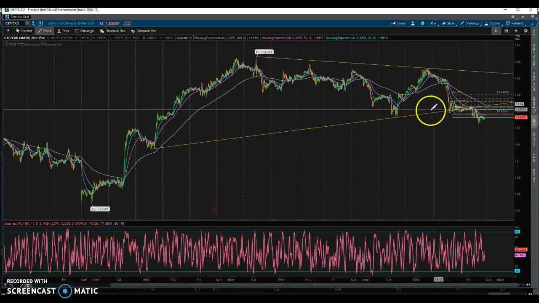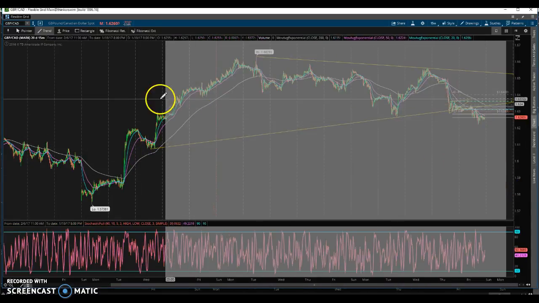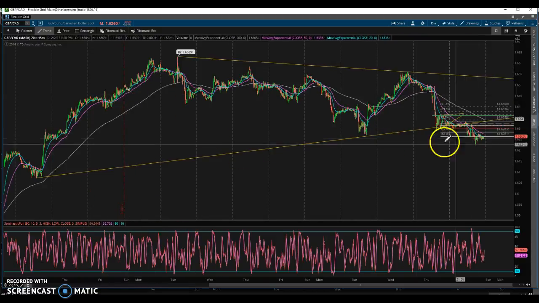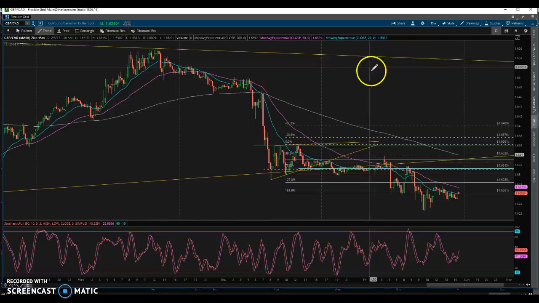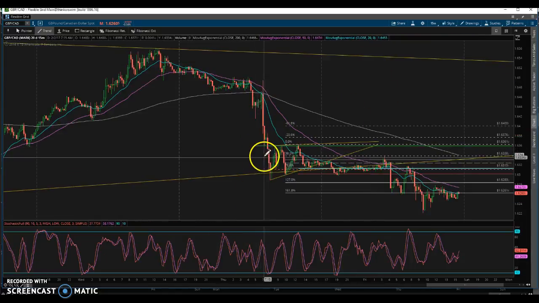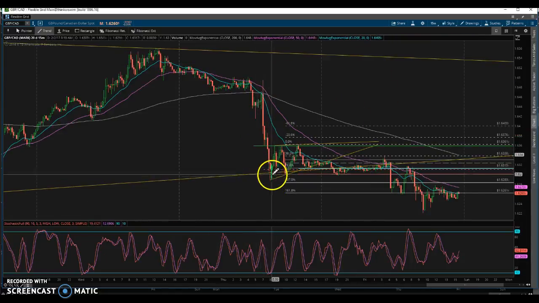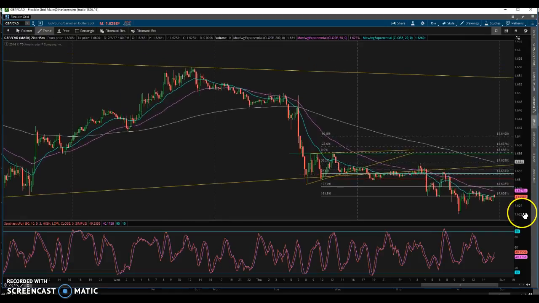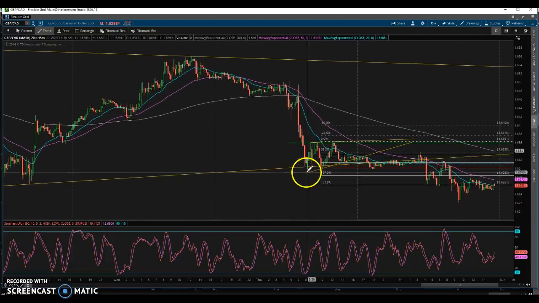We had just had a third touch of this potential squeeze trend line here, and we had pretty decent buying pressure step in, it looked like, off the first initial test.